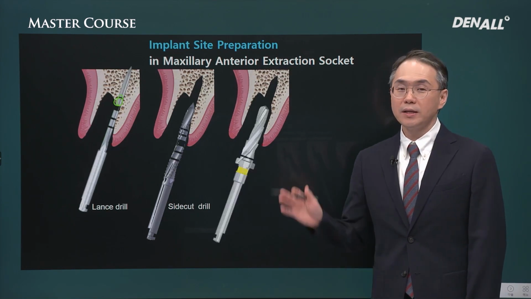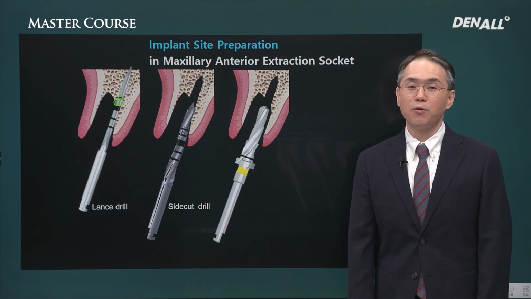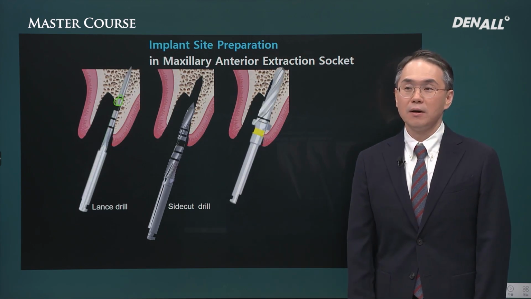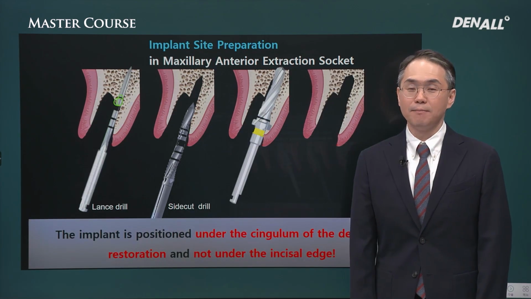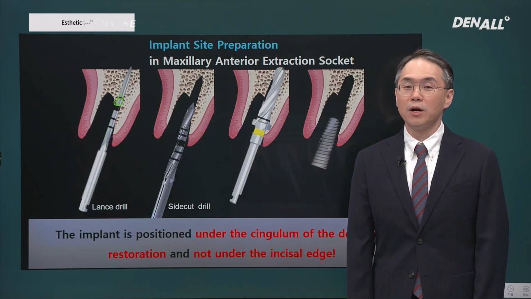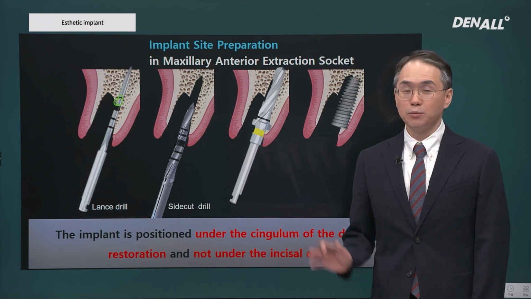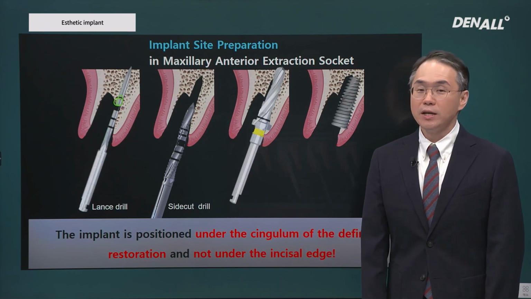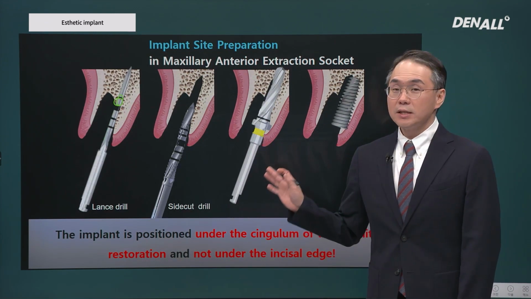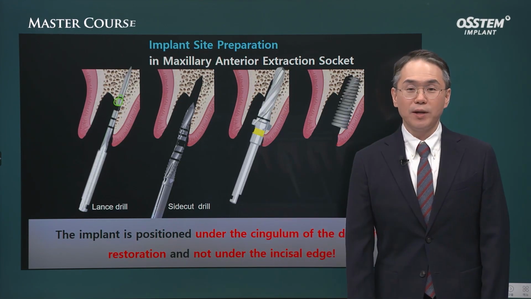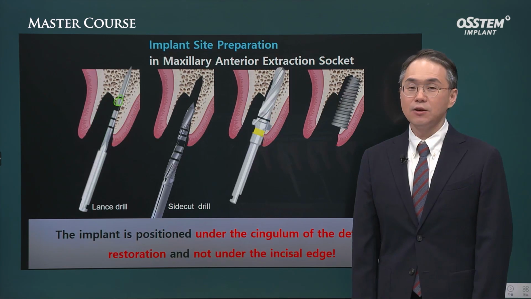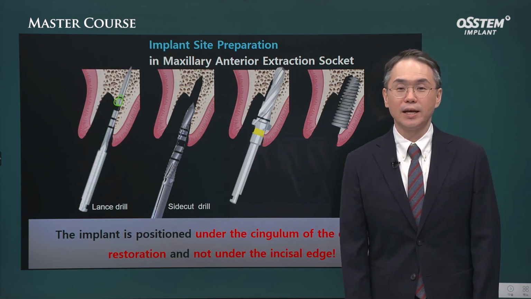When you use a tapered drill, it needs to be in contact with the palatal wall. It's the same as when placing the implant. When placing the implant, it should be in contact with the palatal wall. By performing these series of actions, the implant top area should be below the cingulum instead of the incisal edge.